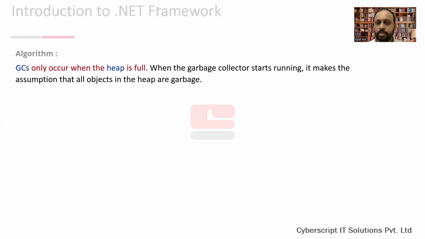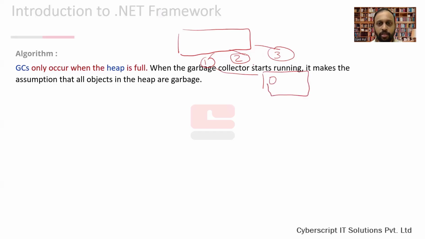So suppose this is our application, which contains application root 1, application root 2, and application root 3. Root 1 created this object on the heap, root 2 created this object, and root 3 these objects.